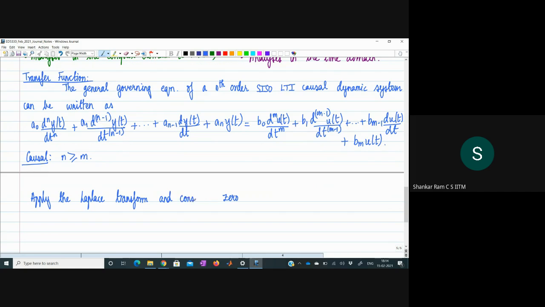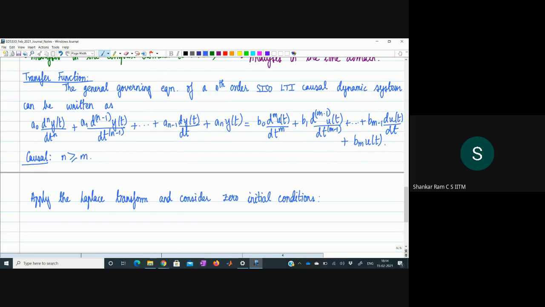We apply the Laplace transform, and then we substitute all initial conditions to be zero. So by default, we are not considering the free response of the system. We are interested in only the forced response of the system. So that is what we are going to consider.